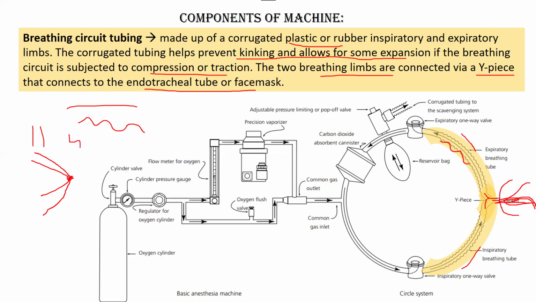But if the tube is corrugated and it gets kinked or compression is placed on it, still somehow some space will be created for the flow of gas from one side to another. So it is a safe way to use corrugated tubes rather than plain tubes.